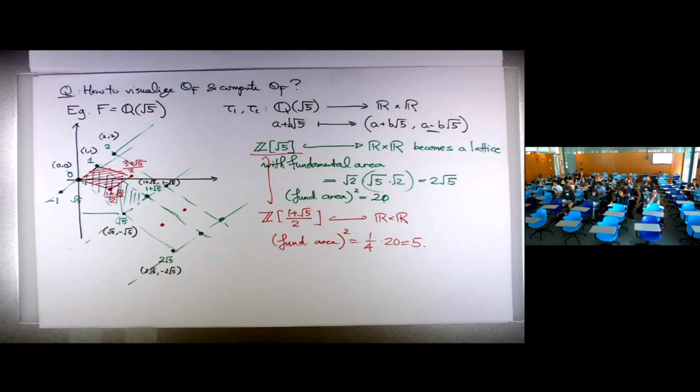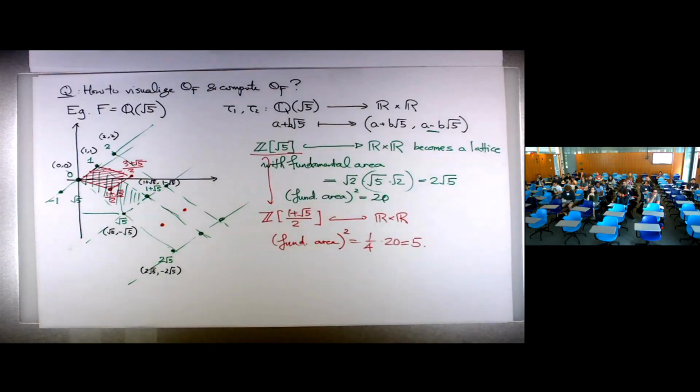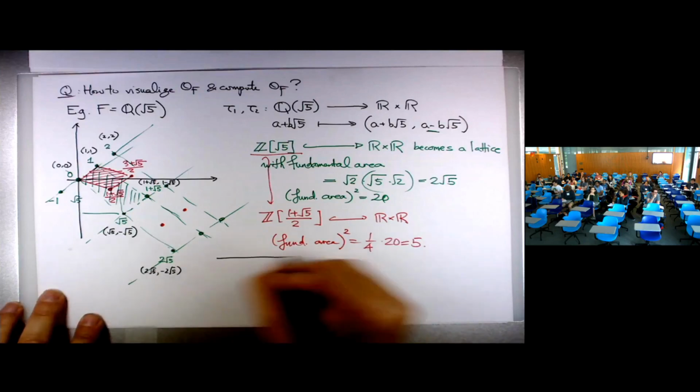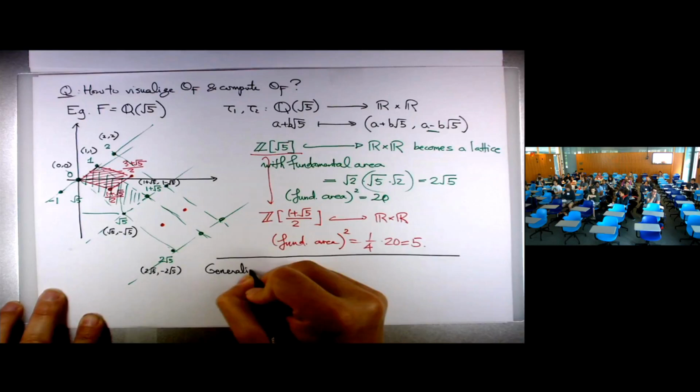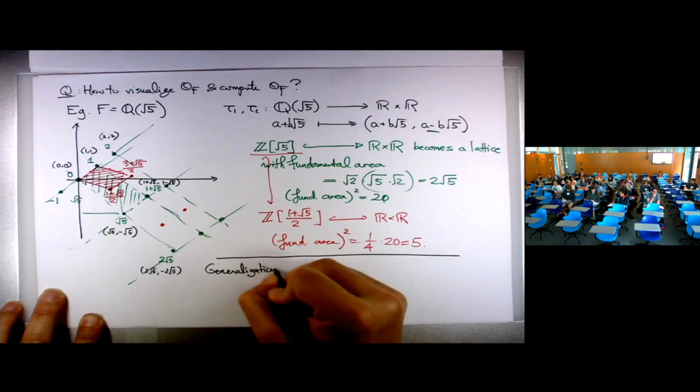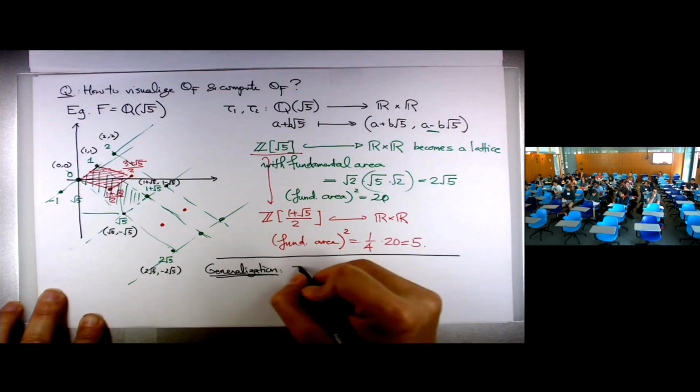So, this way, in some sense, we gave a way to actually see the ring of integers, see them using the embedding as some sort of lattice, in this case in 2-dimensional space. But later on, we can do something similar, a generalization. When I have a number field, I want to consider all these embeddings.